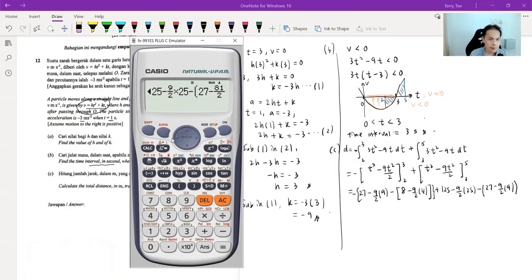It looks all right. Maybe I've calculated wrongly somewhere with the minus and minus. Let me just do it one more time.